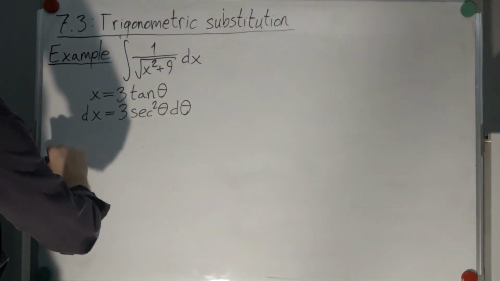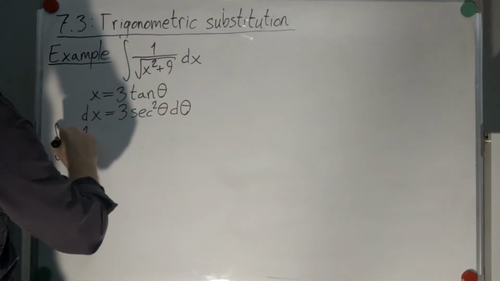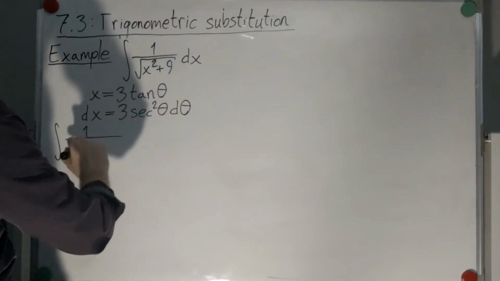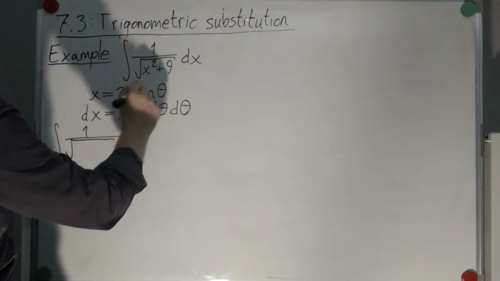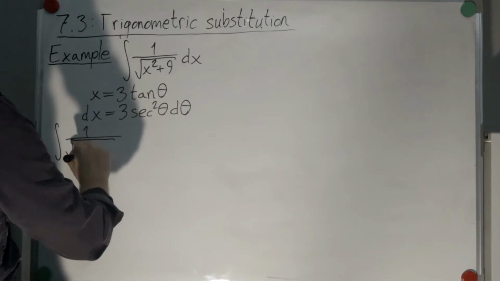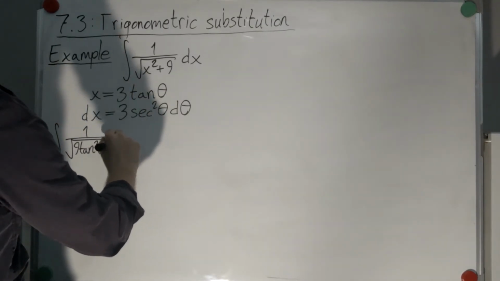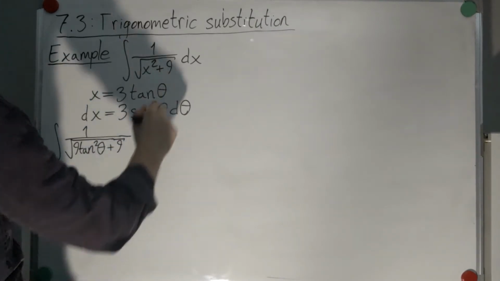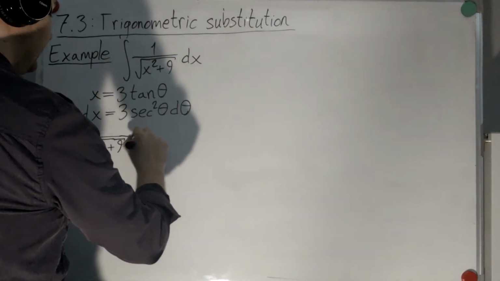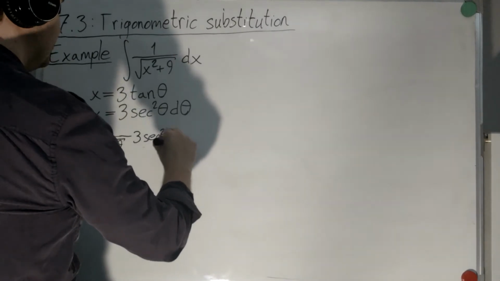This now becomes the integral of 1 over the square root of x squared. X squared is going to turn into 9 tangent squared theta. And then there's a plus 9. That's all under a square root. And dx has become 3 secant squared theta d theta.